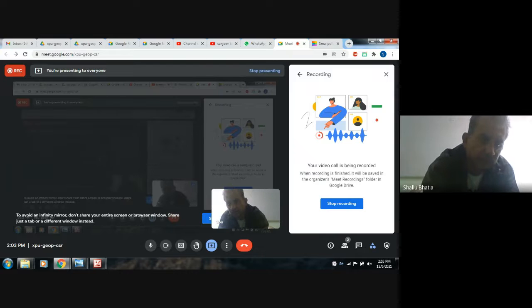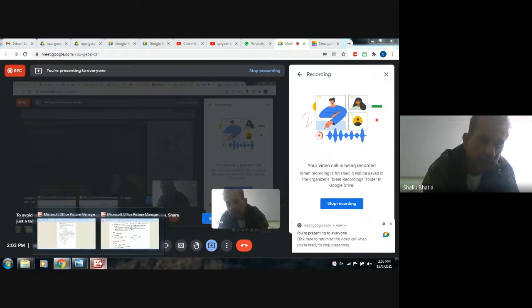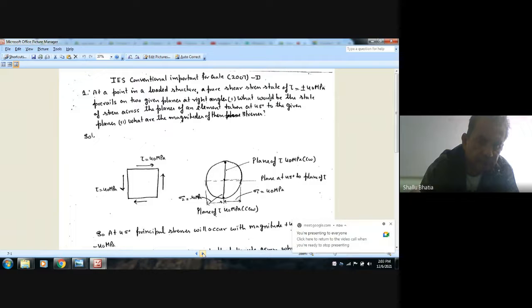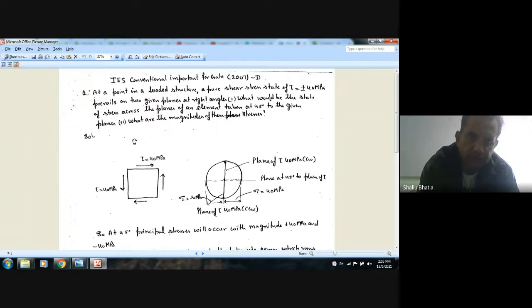Okay, so the first question is: at a point in a loaded structure, a pure stress state of tau equal to plus minus 40 MPa prevails on two given planes at right angle.